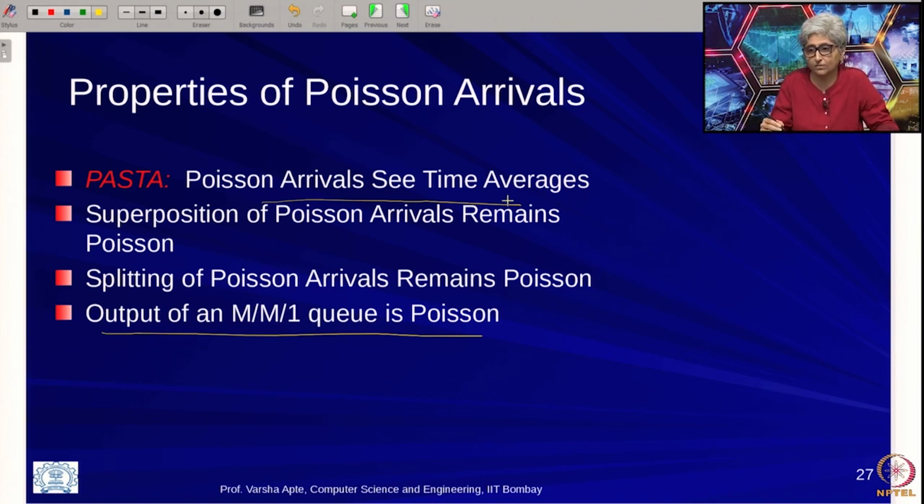This is very convenient because if we can do the maths and find the time average, for example the average number of customers in a system, then if arrivals are Poisson, we can confidently say that that is exactly the average that an arrival is also going to see.